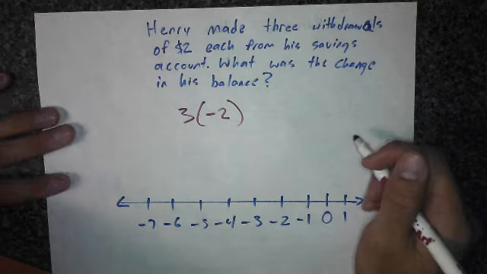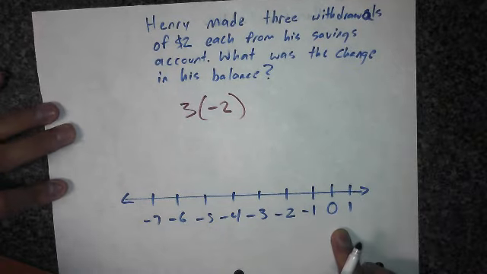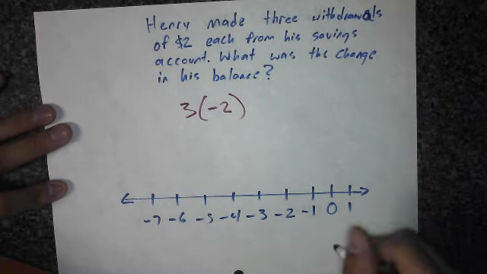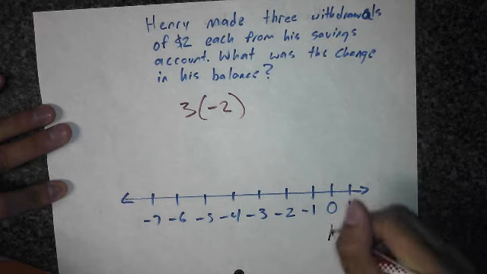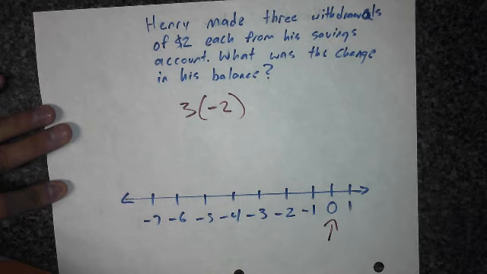Okay, so first we're going to construct our number line. The next thing you want to do is look at your 0. So there's your 0. That's your starting point.